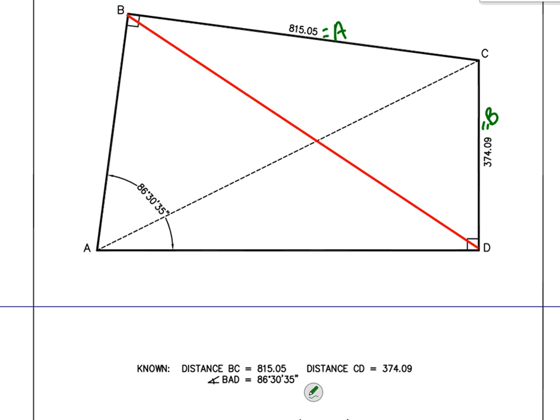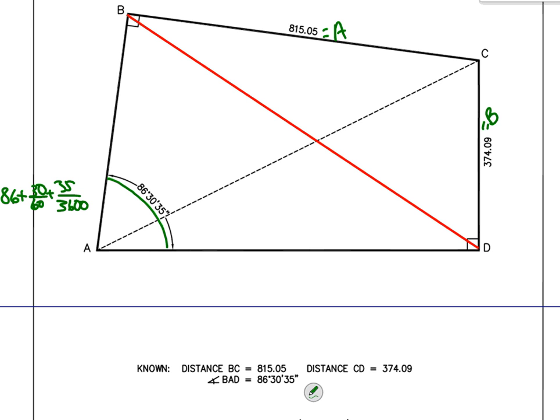And then this big angle that's over here, 86 degrees, 30 minutes, and 35 seconds. Divide it all out and store it. So when you type that in on your calculator, just 86 plus 30 over 60 plus 35 over 3600.